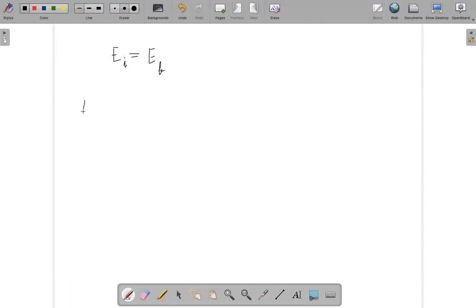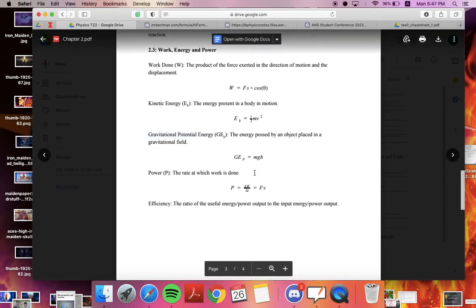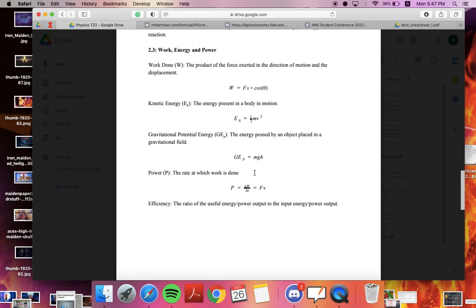So you can see our initial kinetic energy plus our initial potential energy will always be equal to our final kinetic energy plus our final potential energy. Okay? Cool. All right.